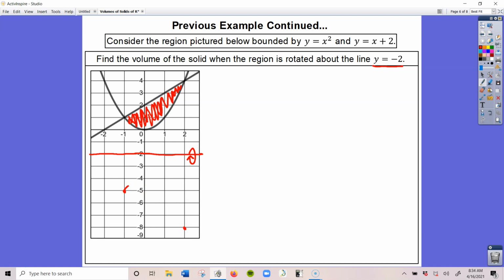And now I'm just going to draw more or less what it looks like, just so I can get a visual. You don't necessarily need to draw the figure if you just know that it's the outer function minus the axis of rotation, and the inner function minus the axis of rotation. But I like to draw the figure because I like to see it. But again, you don't necessarily need to.